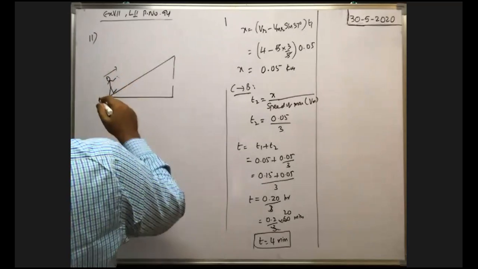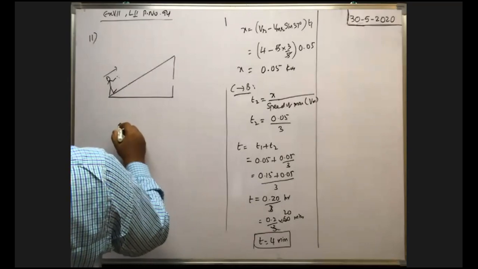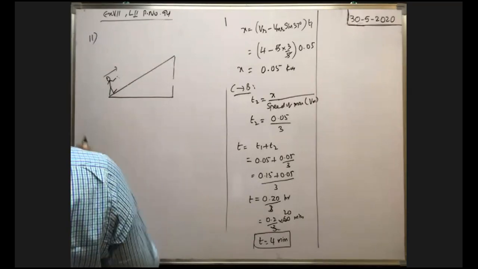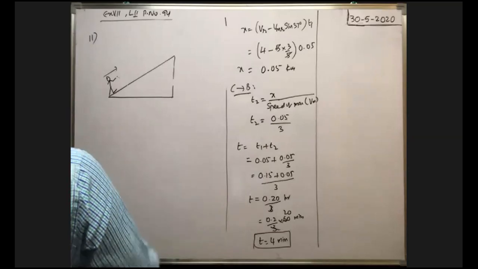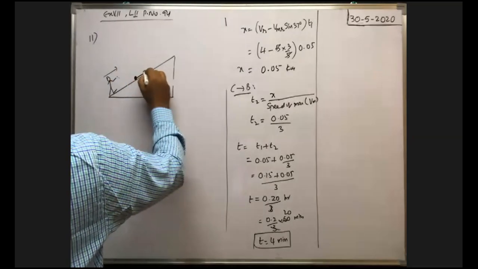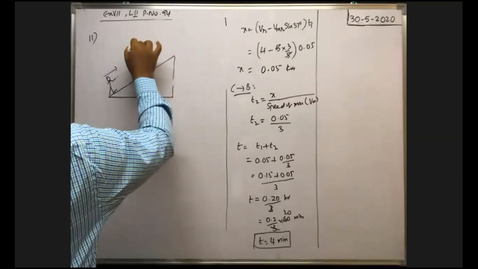Here, when the man is running upwards like this, to a man running upwards on the hill, the rain appears to fall vertically downwards. Here you see, the man is running in this direction, the velocity of the man is in this direction, and the rain appears to be falling vertically downwards.